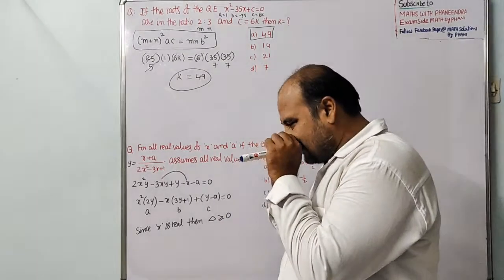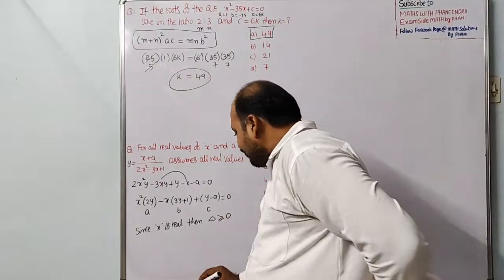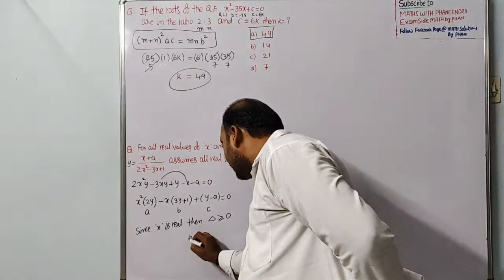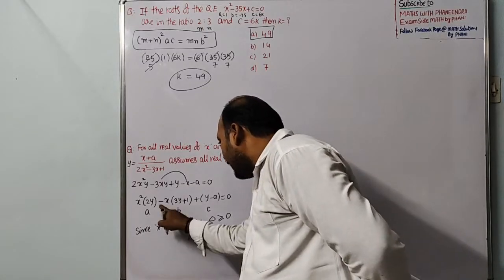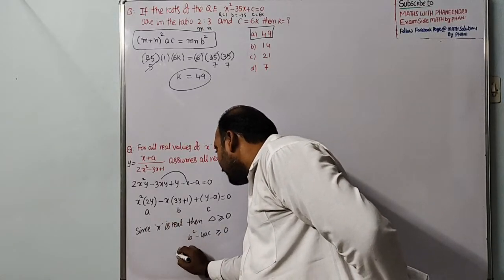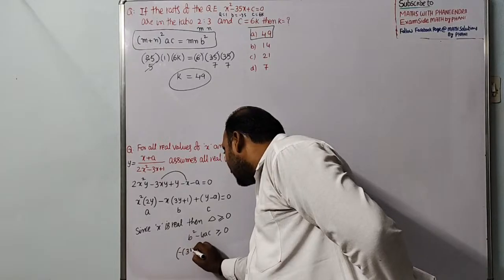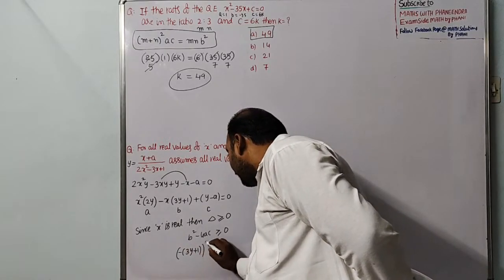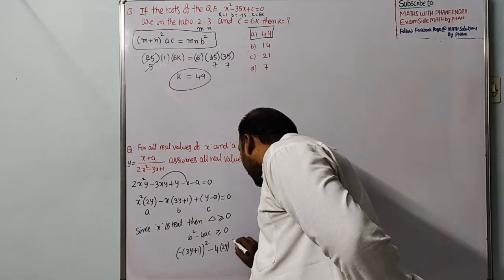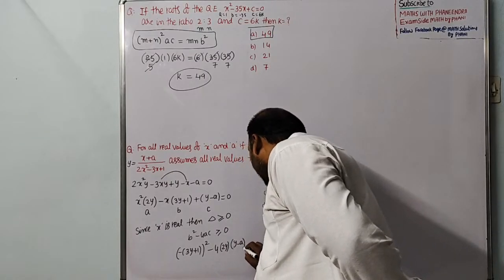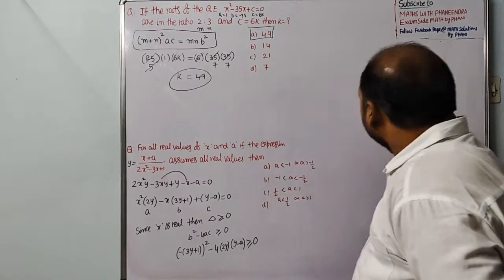Okay, dear students. After that, b square minus 4ac is greater than or equal to 0 here. So what is b square? Minus of 3y plus 1 whole square, minus 4 into a value 2y into y minus a, greater than or equal to 0.